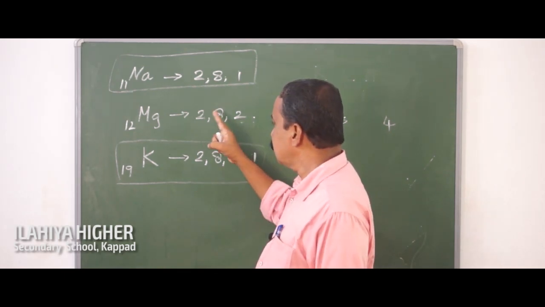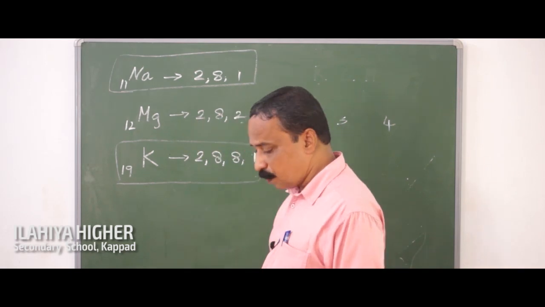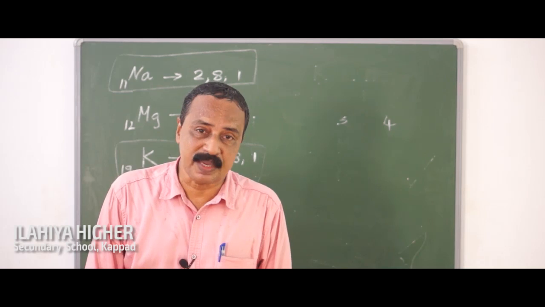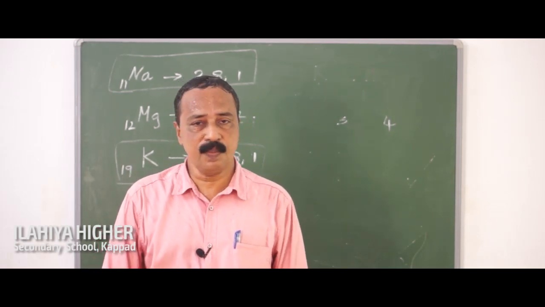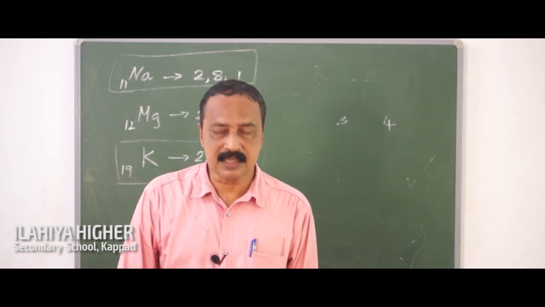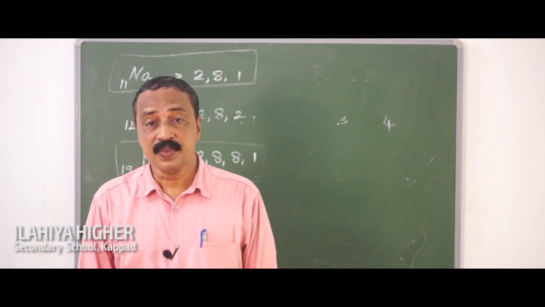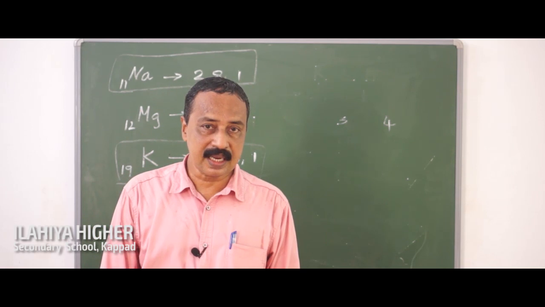Second group, third period. These second group elements are known as alkaline earth metals. First group elements, alkali metals. Second group elements are called alkaline earth metals.